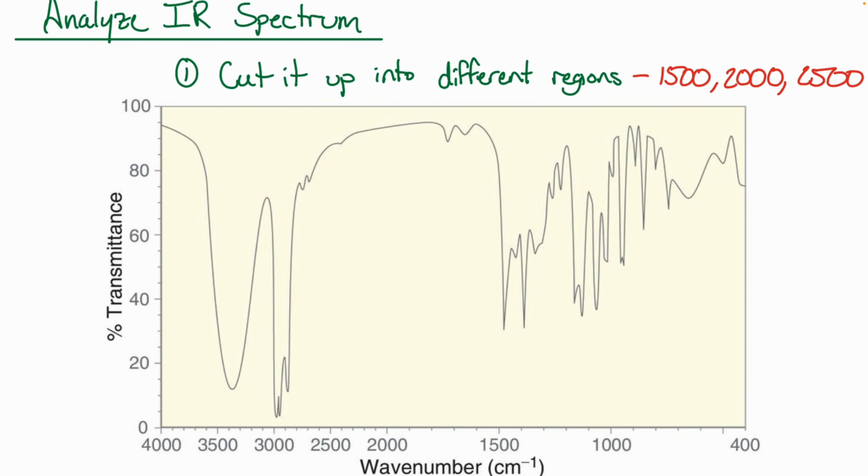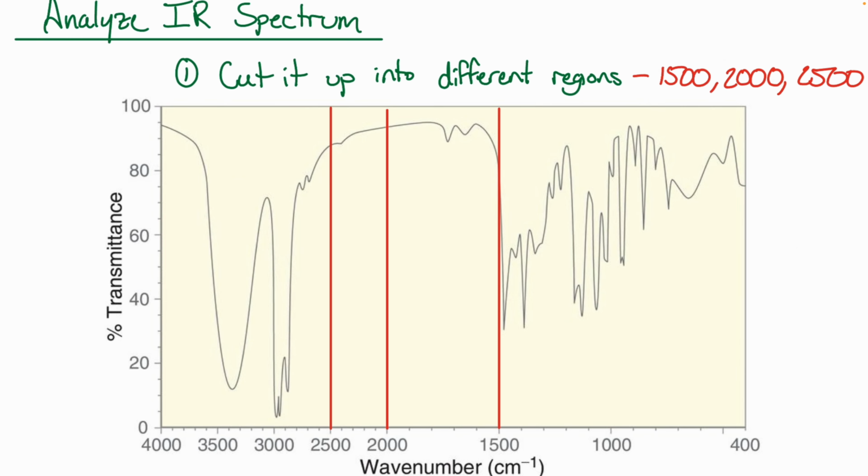All right, meaning that I'm going to lay down a marker here at 1,500. Boom. I'm going to lay down a marker here at 2,000. Boom. And I'm going to lay down a marker here at 2,500. This is now my 4 regions of my IR spectra that I've separated out. And I'm going to look for peaks in each one of those regions.